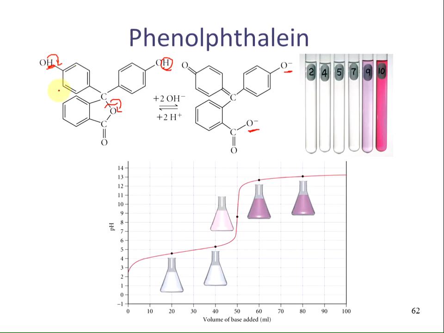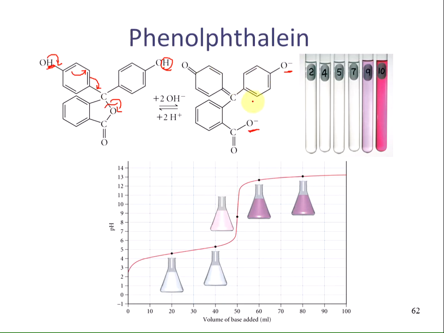Well, these electrons in this double bond get moved to this position. Well, then the electrons in this double bond get moved to this here. So this is why we have this rearrangement of electrons in the double bonds in the carbon system. And it's these changes in the compound that cause the new compound to be colored.